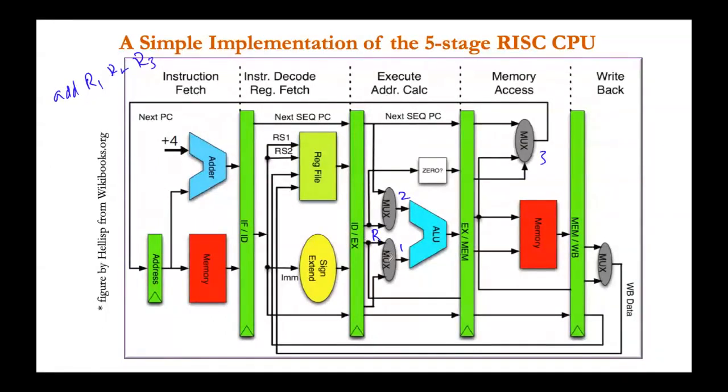The second input is the immediate value, meaning the memory address. The immediate value of your instruction consists of your memory address. That memory address is converted from 16-bit to 32-bit, and that will be given as an input.